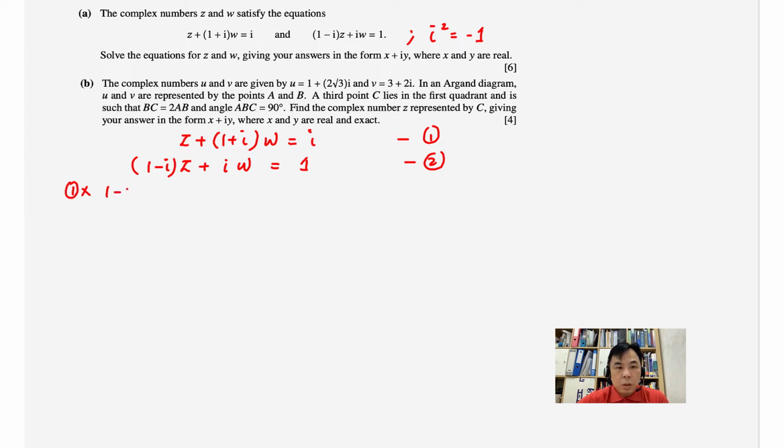All right, now I'm going to apply the elimination method by first of all multiplying the first equation by 1 minus i. Now that would yield (1 minus i)z. All right, and then let's try to simplify a bit before I put the label on.